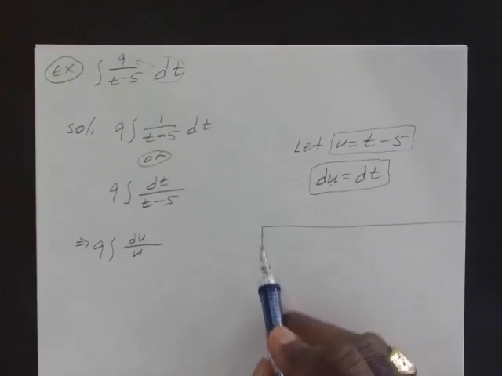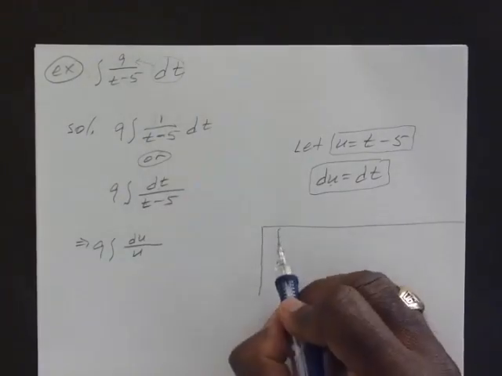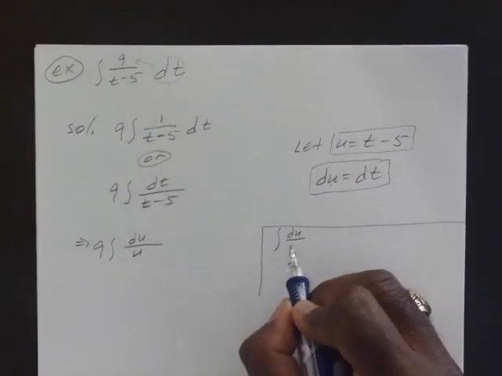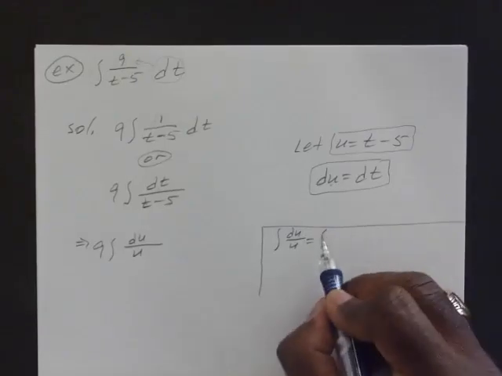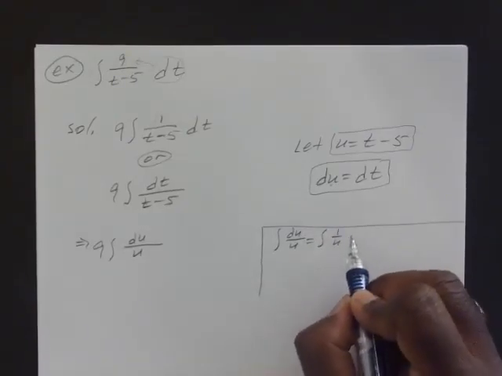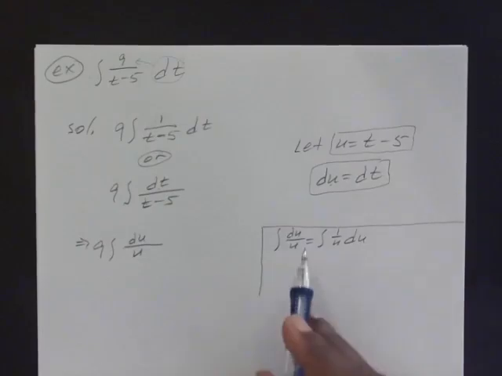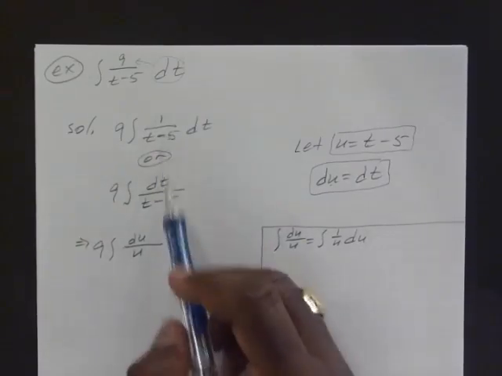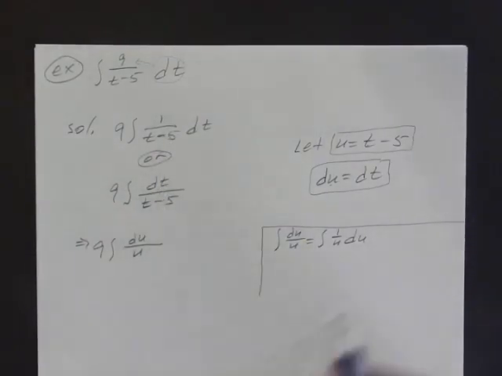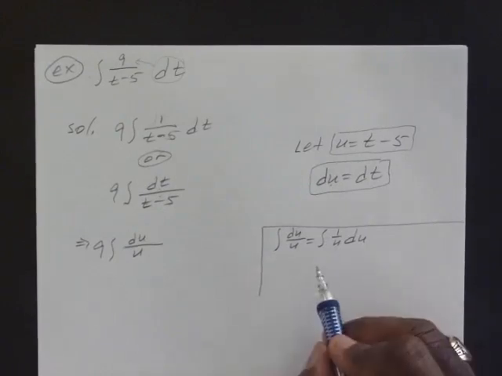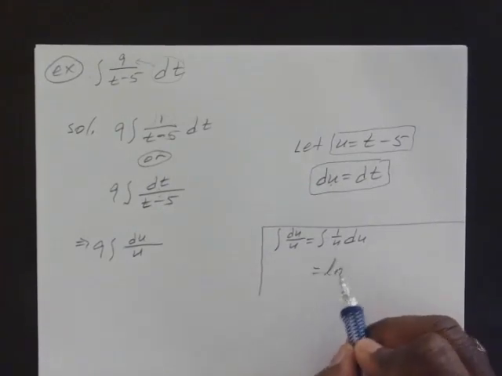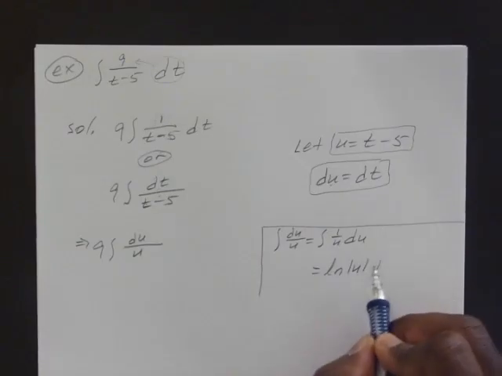Okay, so this one, we can see that it's in the form of the integral of du over u, which is equal to the integral of 1 over u du, which is the same thing. We can just rewrite that as the natural log of u plus c.